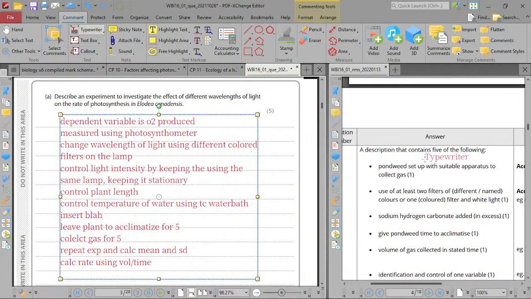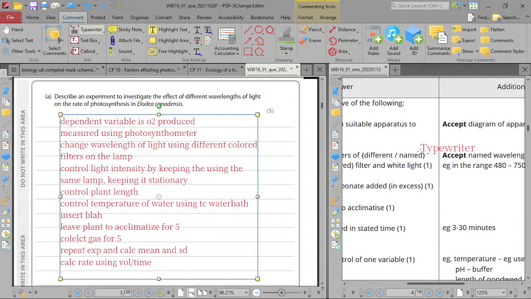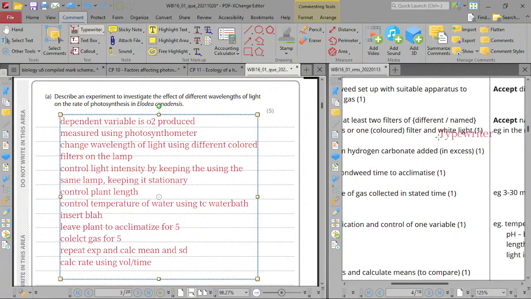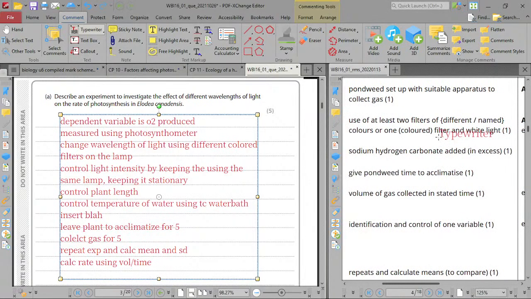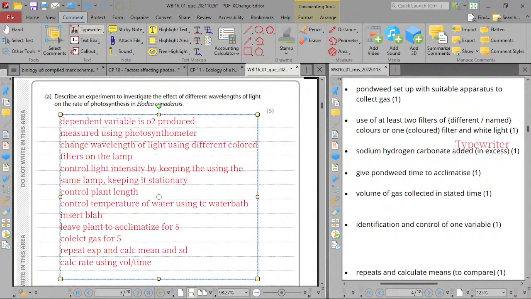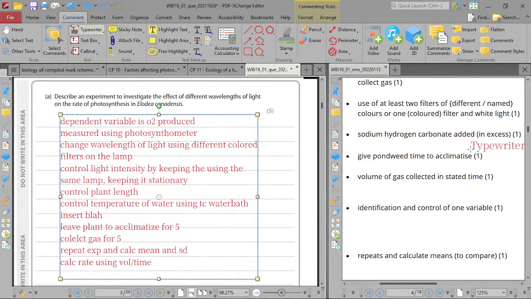Okay. So use at least 2 different colored filters. Sodium hydrogen carbonate added. Leave time to acclimatize.